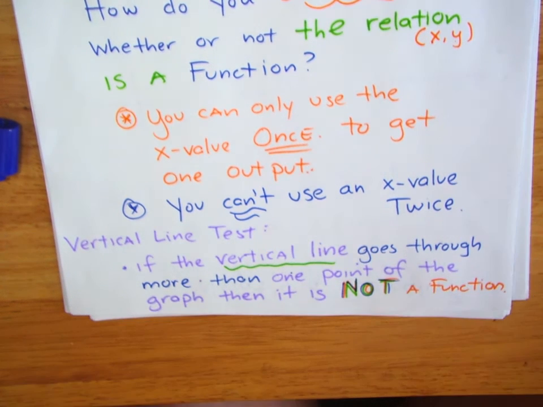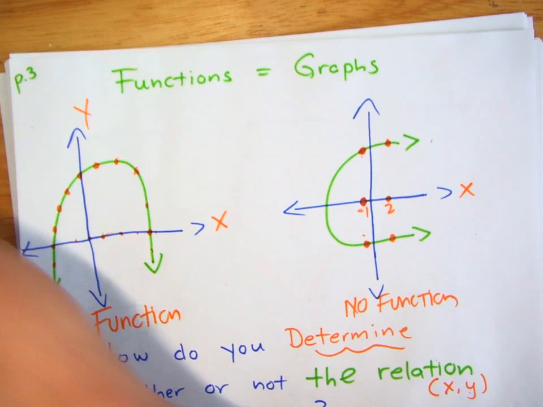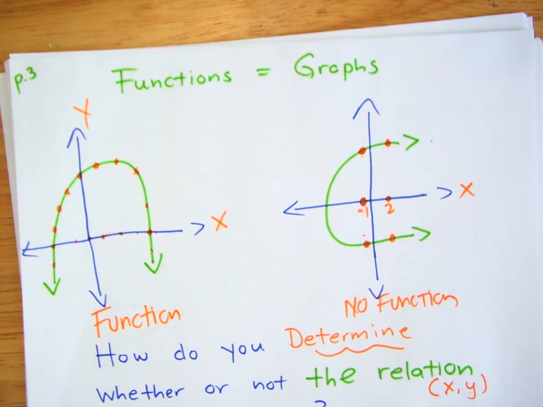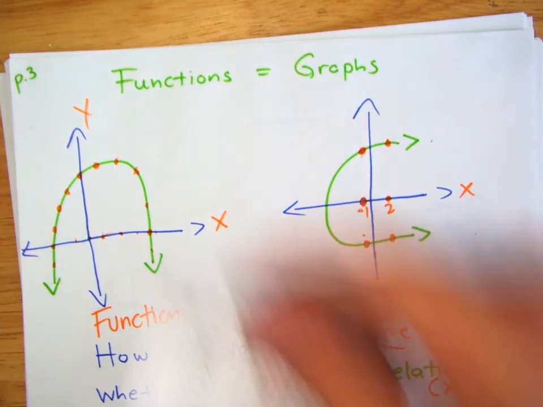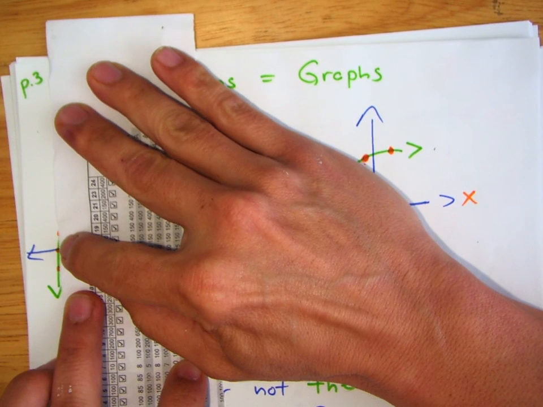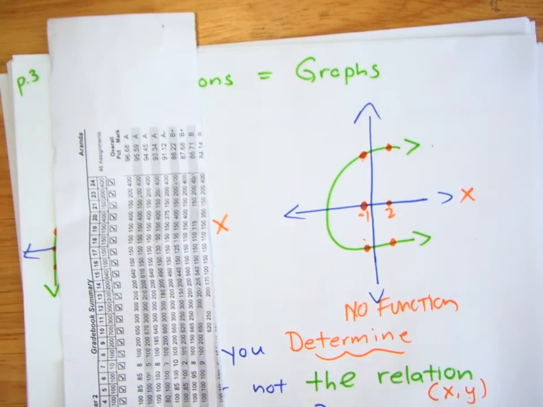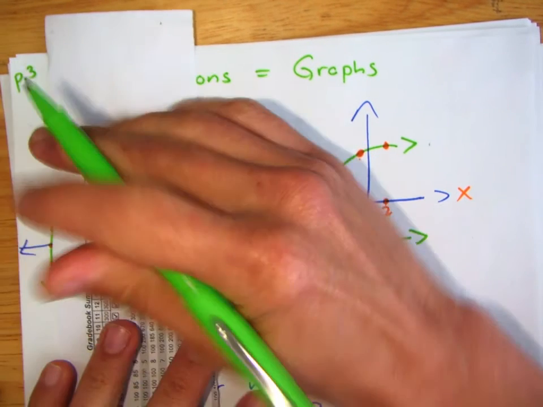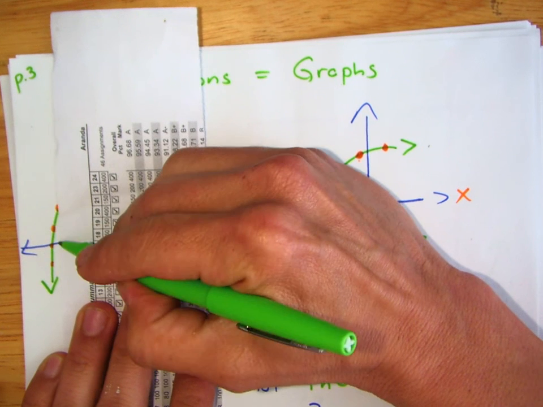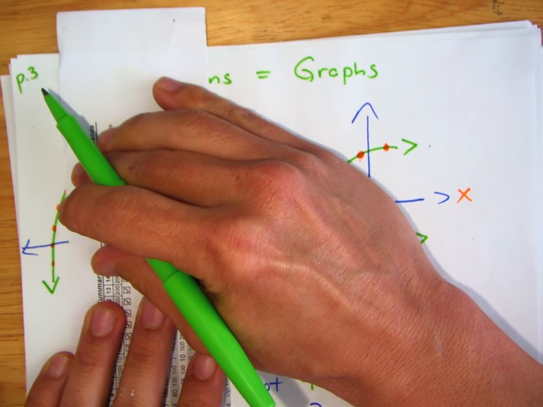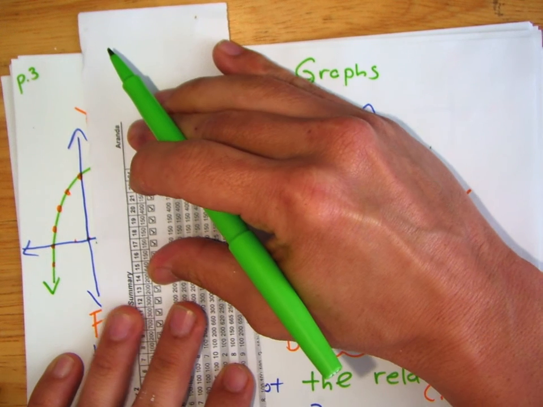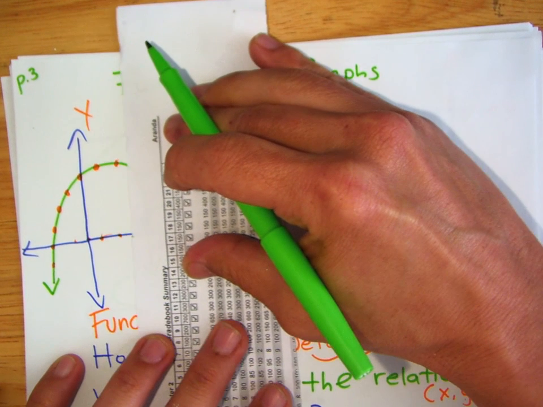You could get a piece of paper, whatever you want, and if it only hits the graph once, then it's a function. See right here, it's only hitting it once. I see it, still good. It's a function.